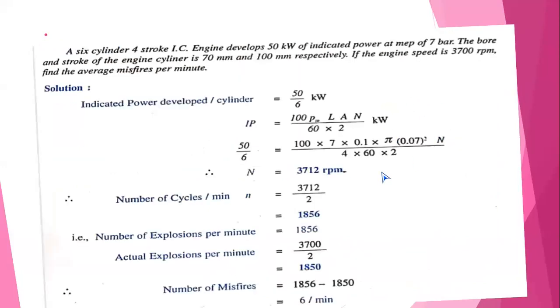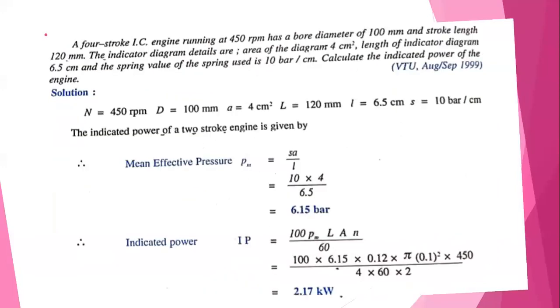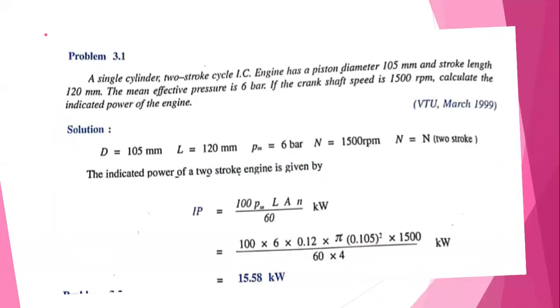The only thing is you have to remember the equation. Solve the problems and remember the equations. That is very important. So this is the last concept in IC engine. Today I stop at this stage.